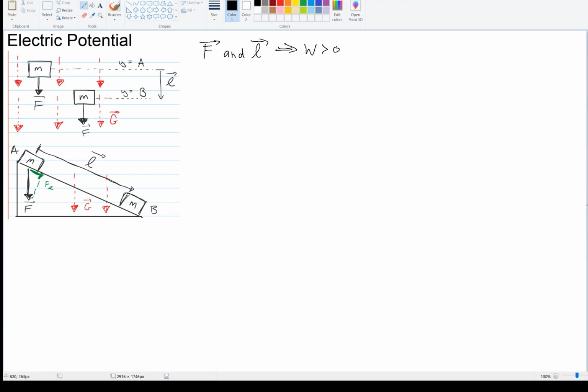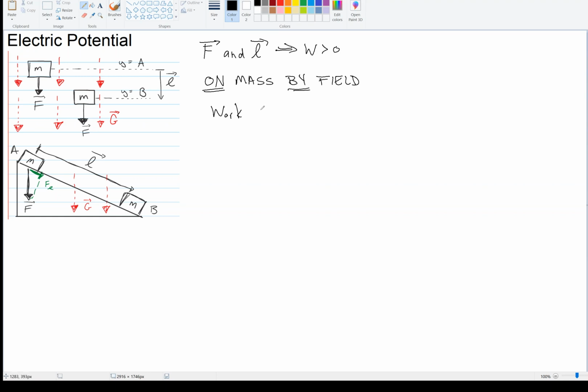So in general, the work done on the mass by the field, and I'm going to try to emphasize on and by, is the following.